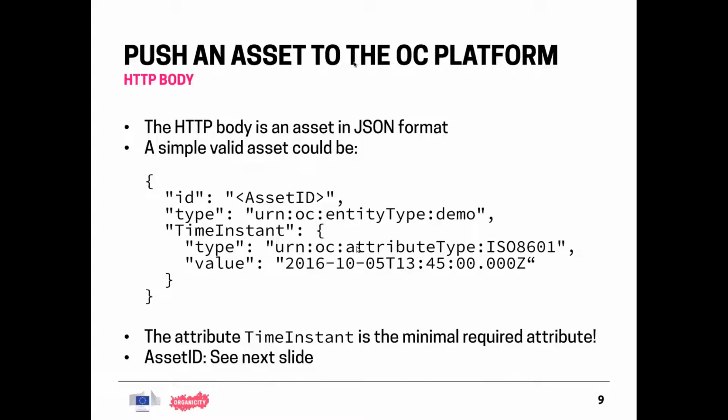For example, we have the ISO 8601 format as it was shown before by Evangelos as well, and the corresponding value. Keep in mind that this time instant value is the minimal required attribute for any asset which you push to the Organicity platform.